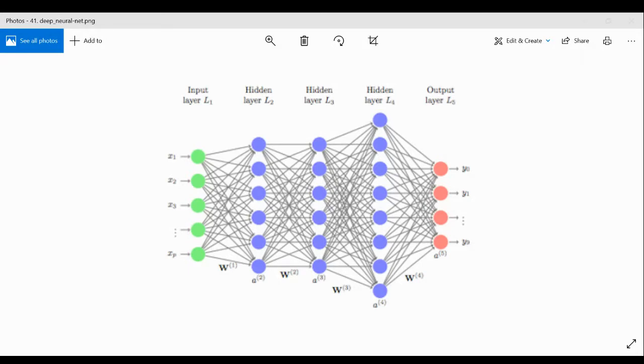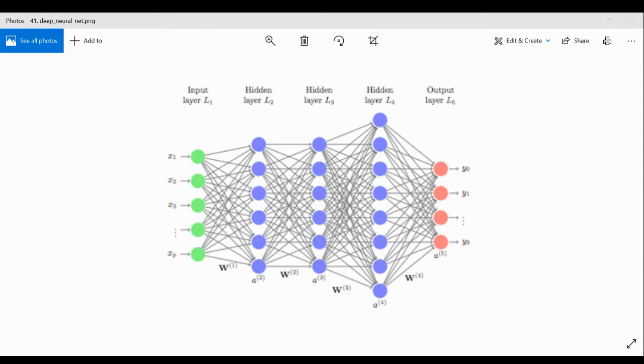So what we have is the input layer. Remember, x1 through xp, these are our features. They are sent to the first hidden layer, which we're calling here L2. Now, the notation at the bottom, W1: the whole idea is that there are weights on all of these arrows. So that's just a vector of weights corresponding to all the inputs and all the places they can be sent.